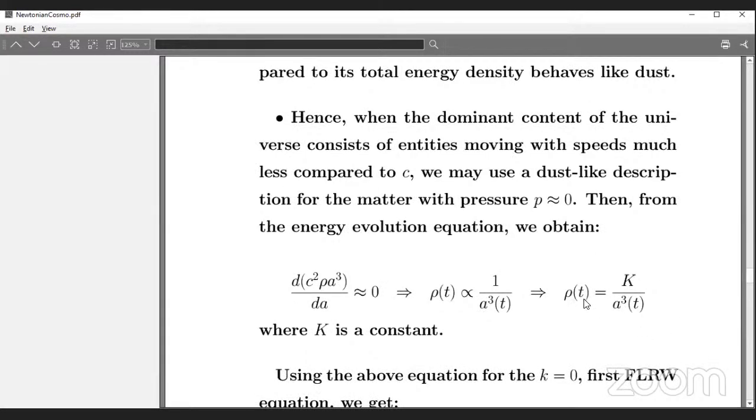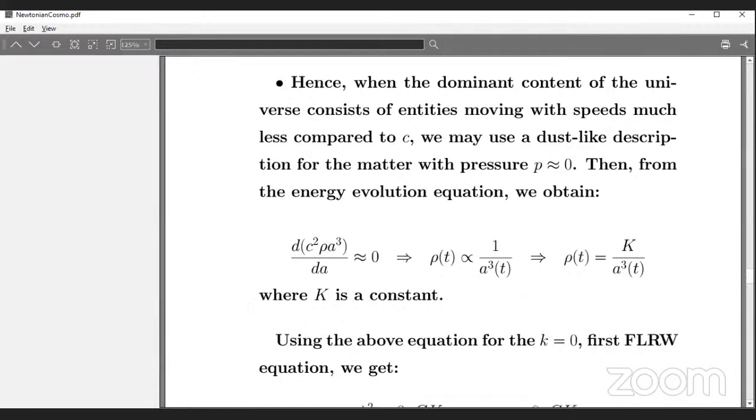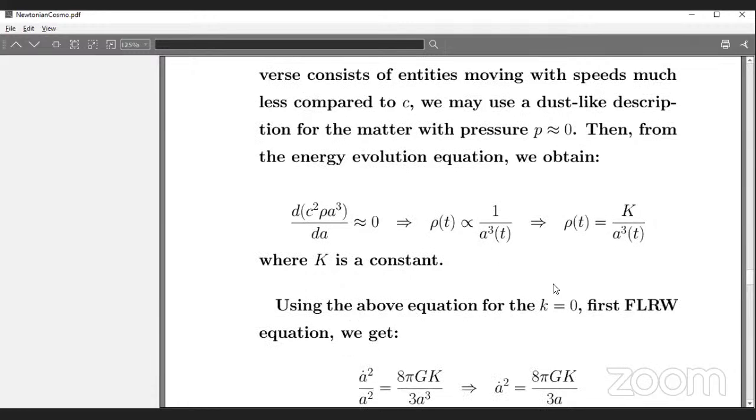Now, if our universe is dominated by such dust-like matter, then we can immediately use this result in the first FLRW equation and obtain the scale factor as a function of time for the k equal to 0 model. Why?